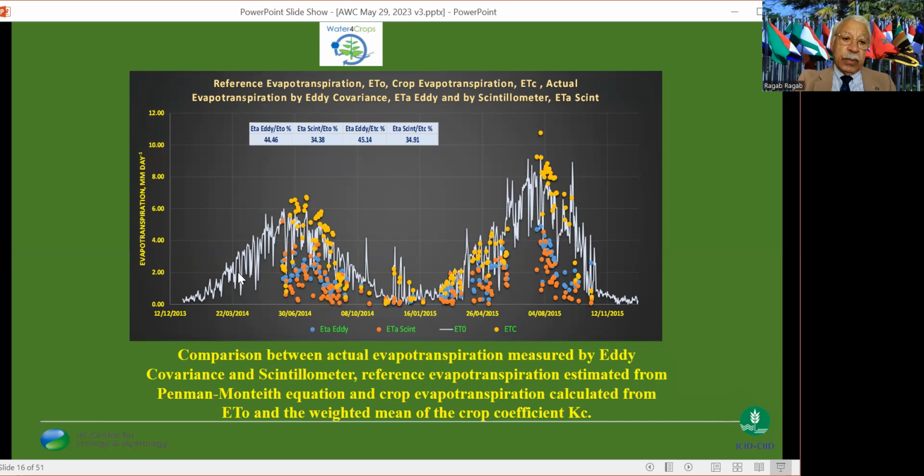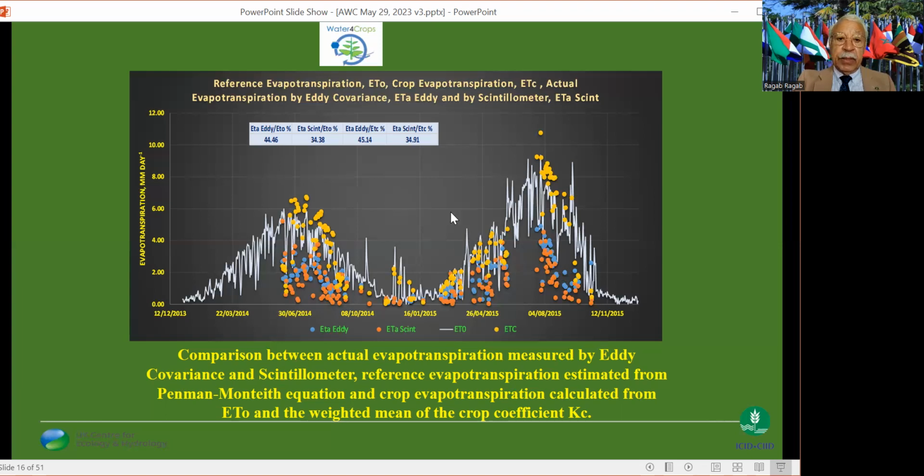When you compare them with the continuous gray line of ETo, or reference evapotranspiration calculated by the equation, you find the eddy covariance and scintillometers well below what we calculate from the equation as reference evapotranspiration. And if we also calculate the crop evapotranspiration using the modified equation, which is the yellow dots here, you can see those yellow dots well above what we measure as actual evapotranspiration by the eddy covariance and scintillometers.